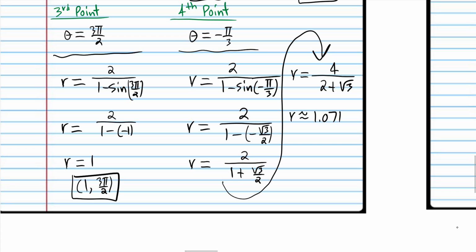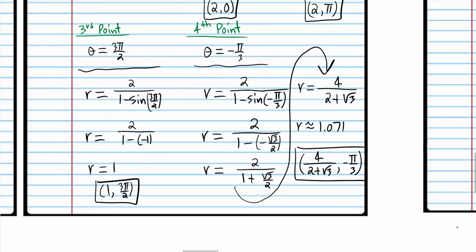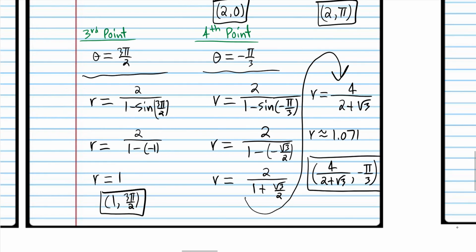So the point that we found is 4 over 2 plus root 3, comma, negative pi over 3. And we can use this value to help us plot the point.